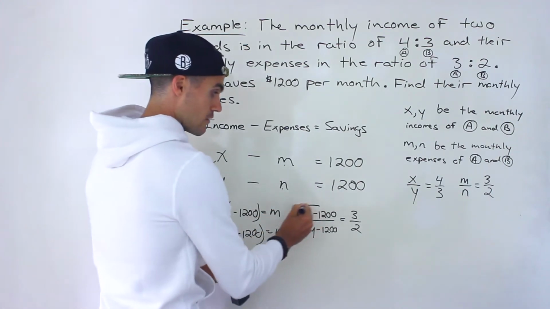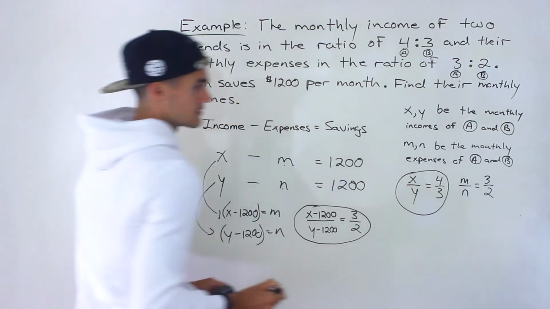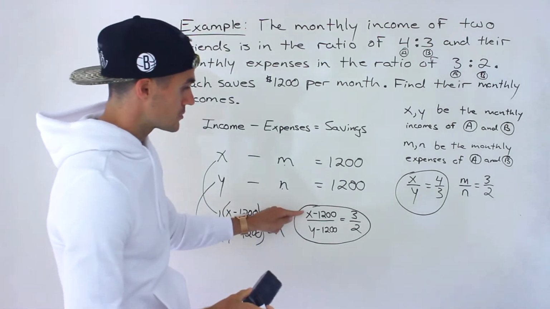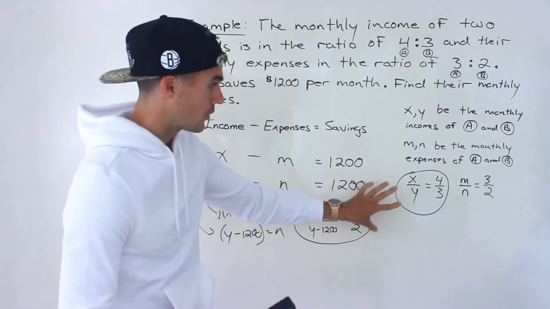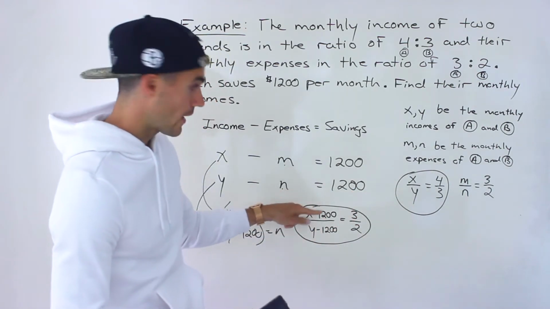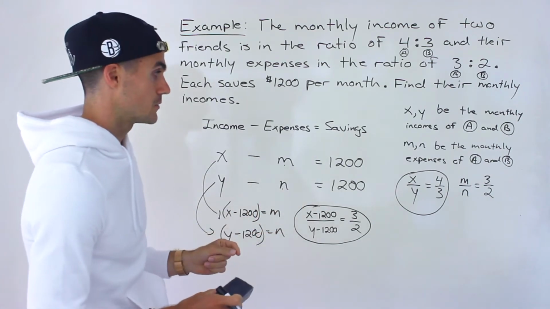So we have this, and we have this over here. Notice there's no M or N in both of these. We have two variables to solve for, X and Y, and we have two equations. And so we can just do substitution or elimination.